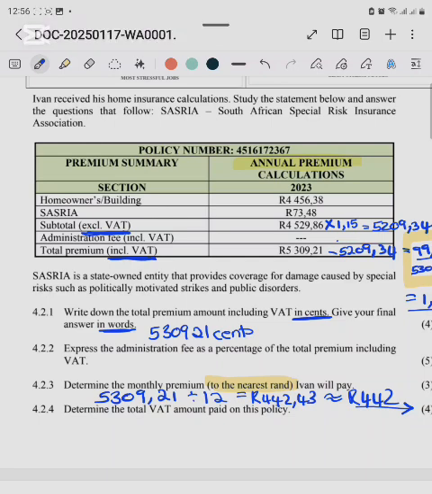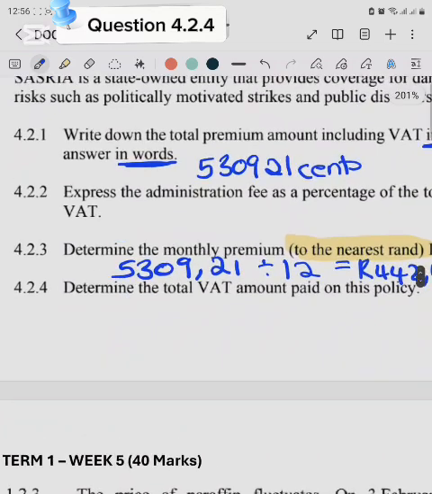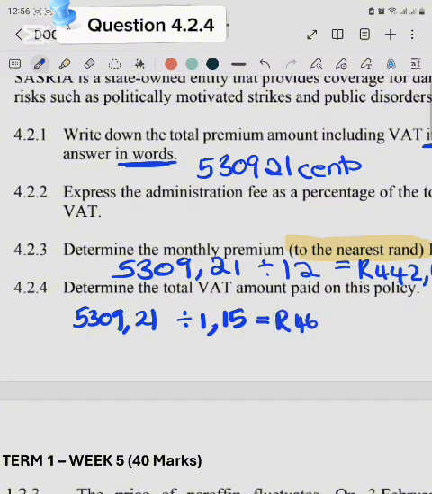Right, and then our last question here says to determine the total VAT amount that was paid on the policy. So this is just working backwards with VAT. So all that we're going to do is say, well, if I know what my total is, the 5,309 rand and 21 cents, I can divide by 1,15 to work out what is the price without VAT, which is 4,616.70.